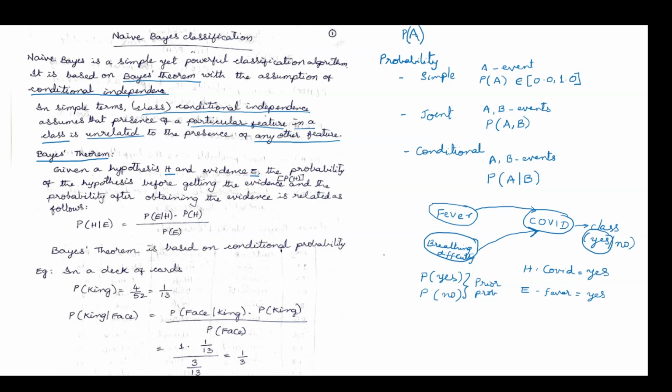We also have what is known as marginal probability. We have just learnt about P of H. We also have a marginal probability P of E. Let us say the presence or absence of fever, or the presence or absence of breathing difficulty. These form the marginal probabilities.